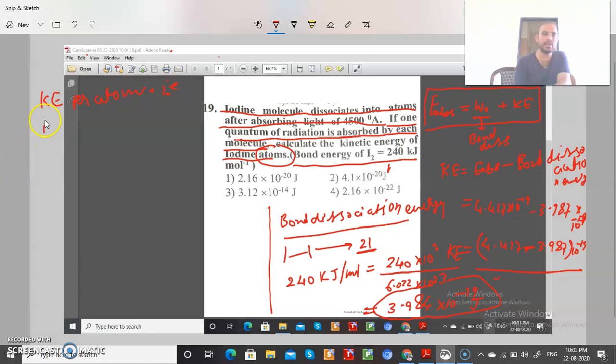In one molecule, how many atoms are there, students? Two atoms are present. So per atom, how can we calculate?